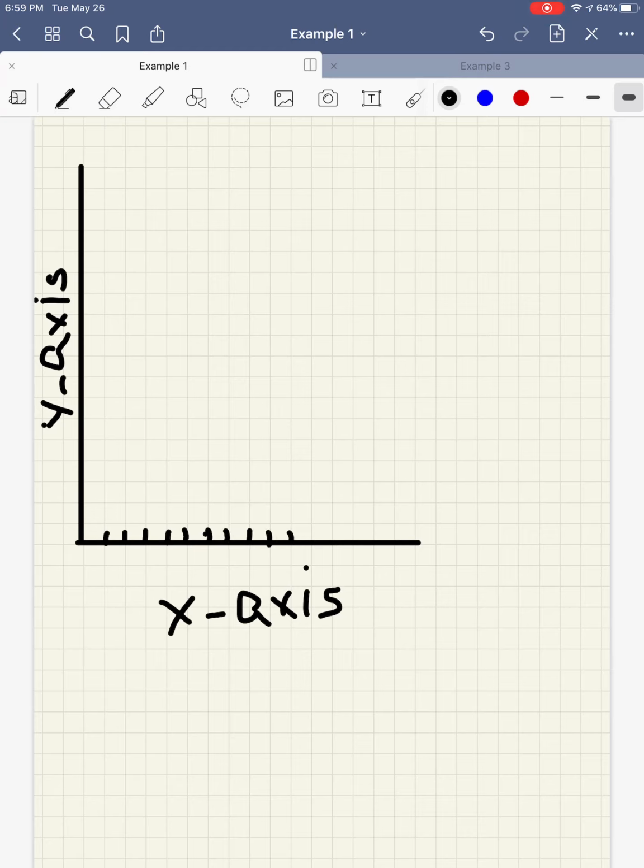It just helps. And I'm going to label every other one just because I can't squeeze in every number. I wouldn't be able to fit them in with this pen. So I can do the same thing going up. I'm not going to actually label them just because my label of the y-axis will get in the way, but you understand that every line is just one.